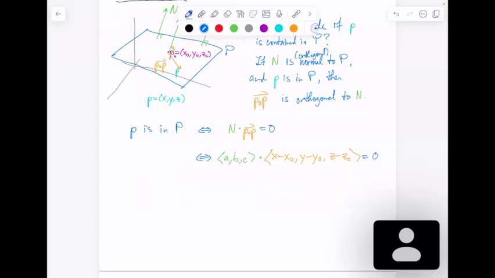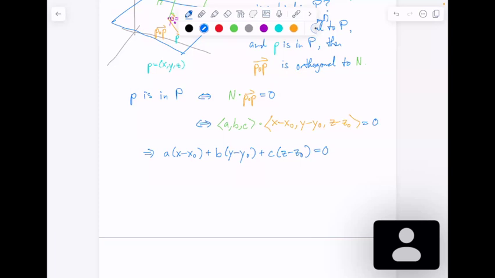So this means that you could expand this out. This is a times x minus x naught, plus b times y minus y naught, plus c times z minus z naught is equal to 0. Or you could also expand this.